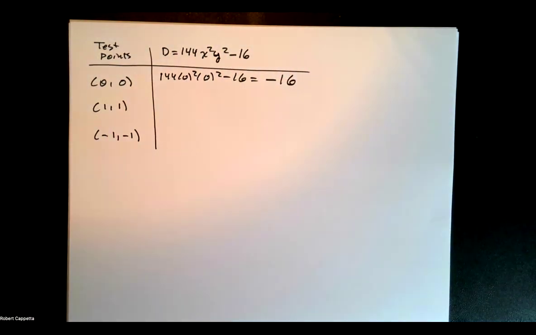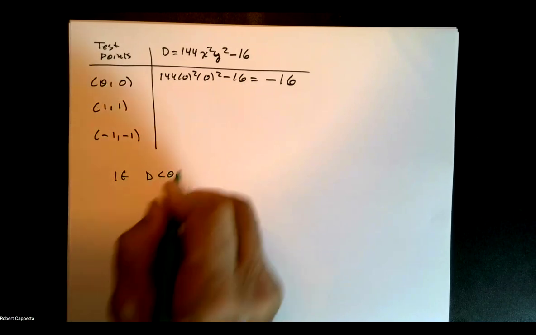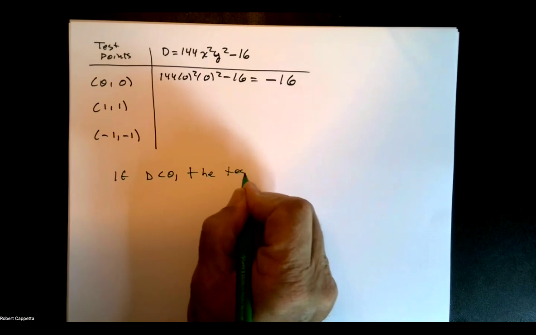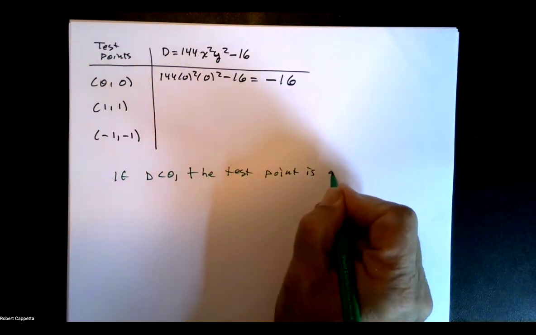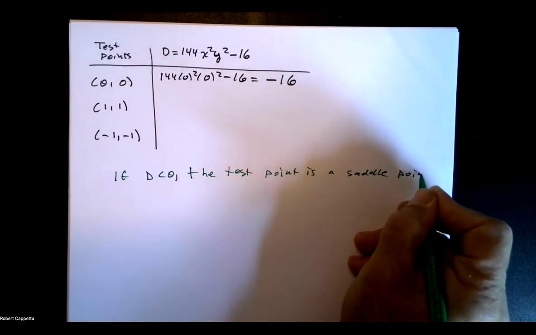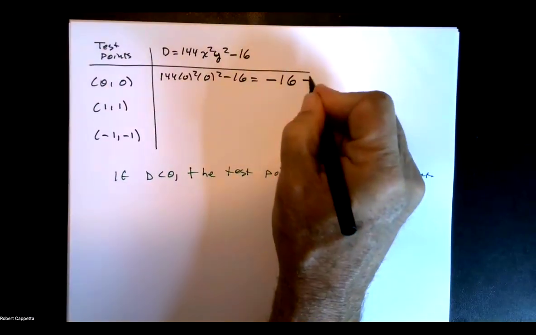And what do we recall? If D is less than 0, there is a saddle point at the test point. So this tells me right here that 0, 0 will be a saddle point.